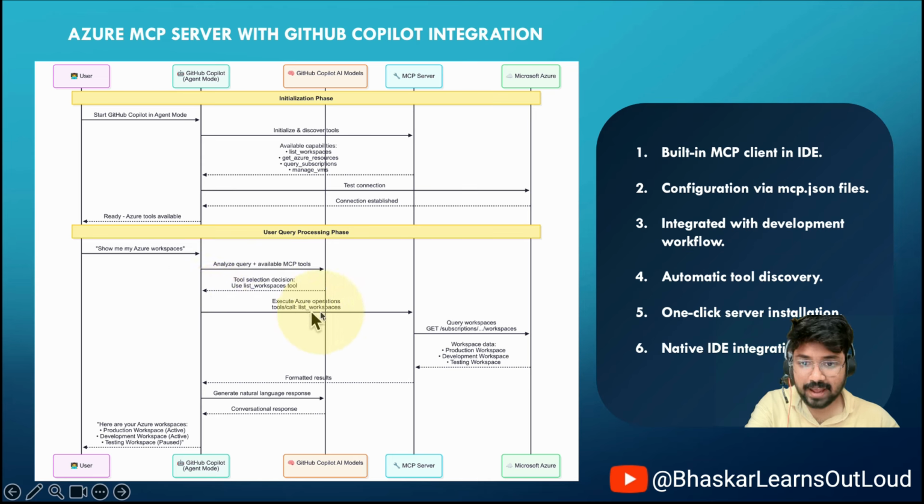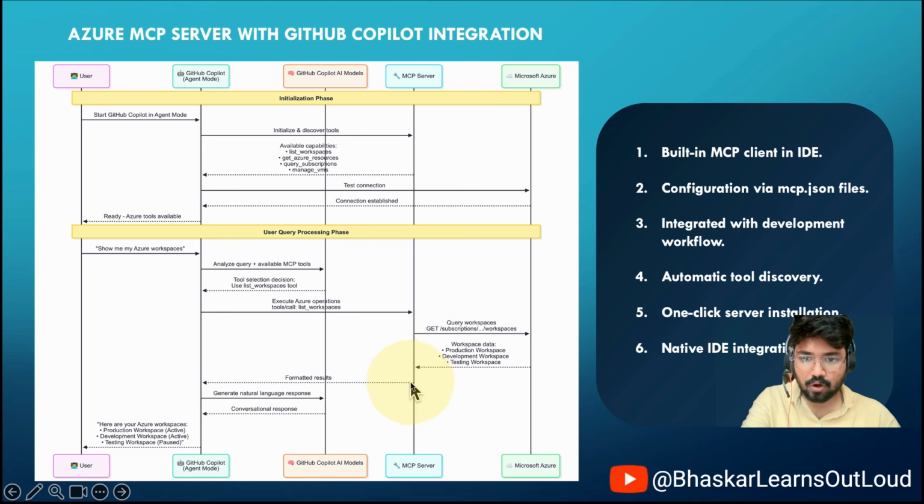Then it will execute the Azure operation, tool call list workspaces, and then it will go to the MCP server. Now this MCP server, as we have already established the connection, will query workspaces and get the subscription workspace. It will run this Azure CLI command, and Microsoft Azure will return the workspace data, the list of workspaces.